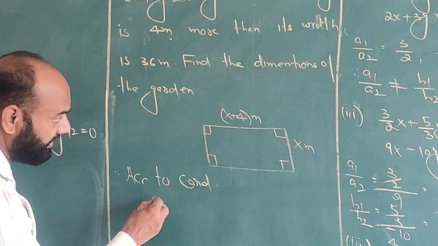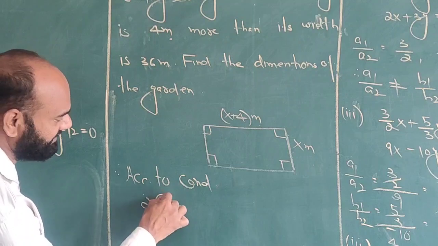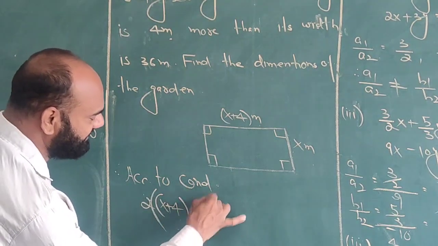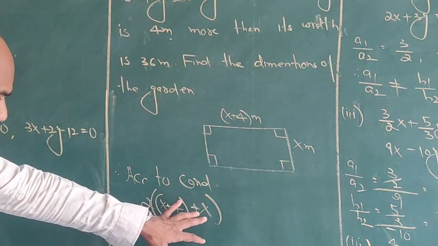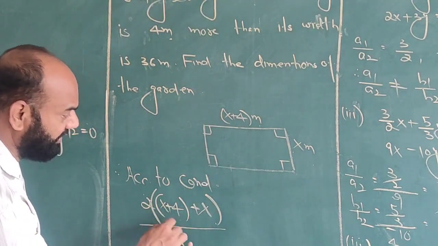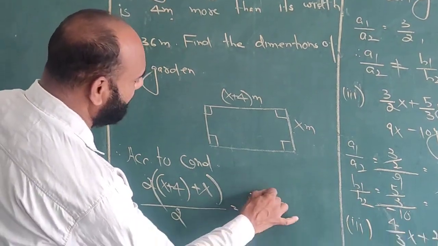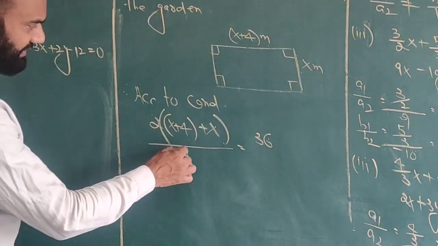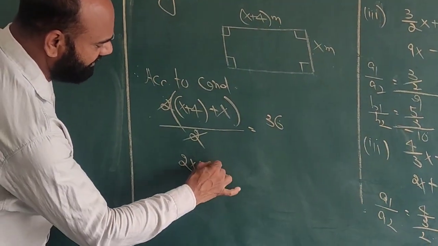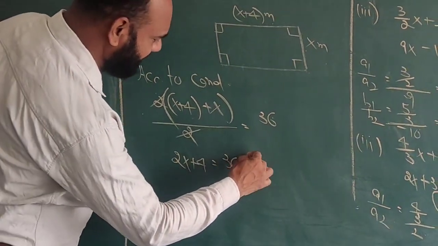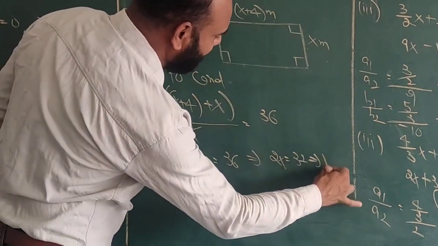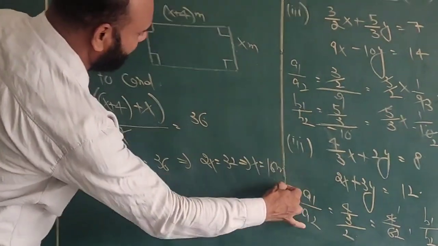So half means length plus breadth, x plus 4 plus x. This is half of the perimeter of the rectangle and it is equal to 36. Now by solving we get x plus x plus 4 is equal to 36. This implies 2x is equal to 32. This implies x is equal to 16 meter.